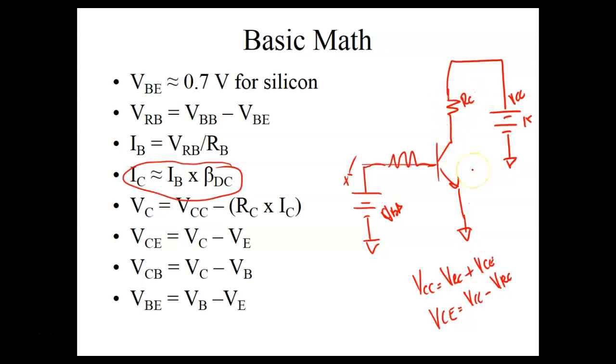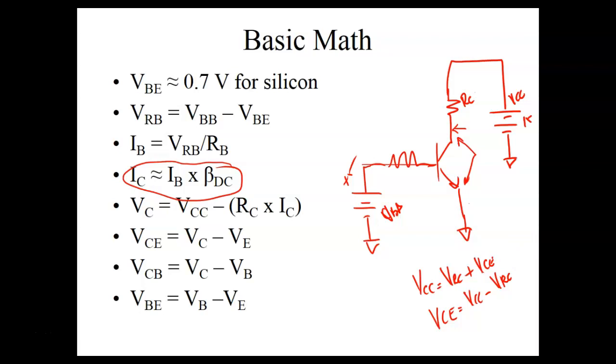Then we can use that to calculate voltage collector to emitter. Voltage collector to emitter is going to be whatever voltage I measure on the collector minus whatever voltage I measure on the emitter. Now right now we have nothing in the emitter circuit because we're just learning this, but later on we're going to put a resistor down there.